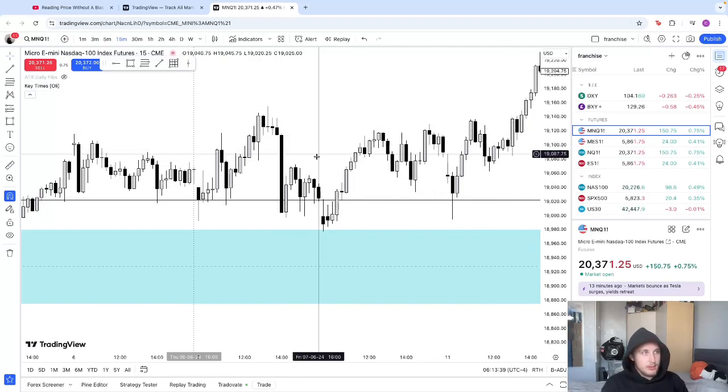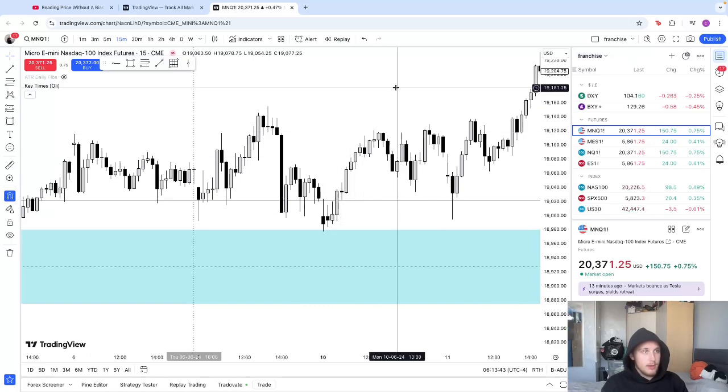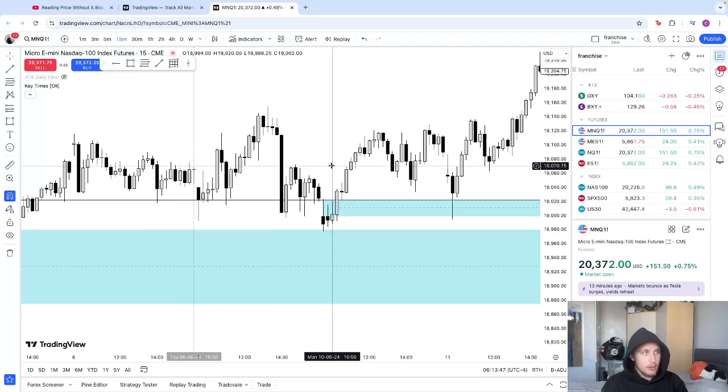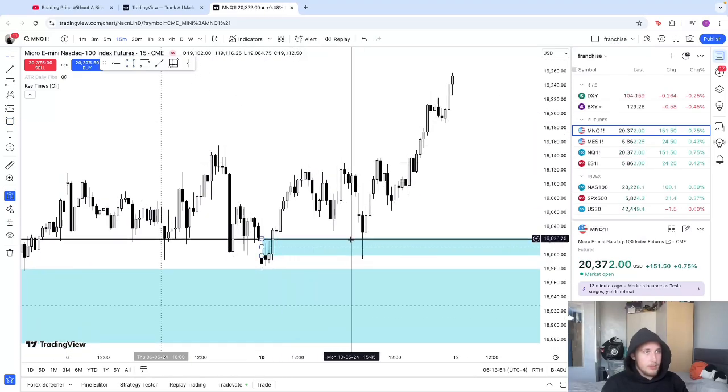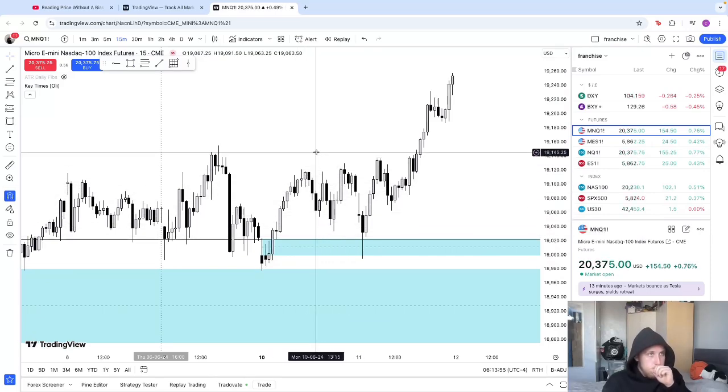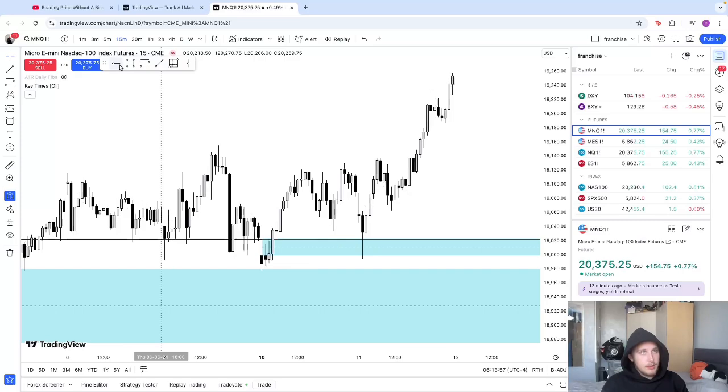But yeah, as you can see, price comes and taps this breaker. We displace away. We obviously make this order block. We then come back up, come back down into discount, after taking out this lower time frame high right there.